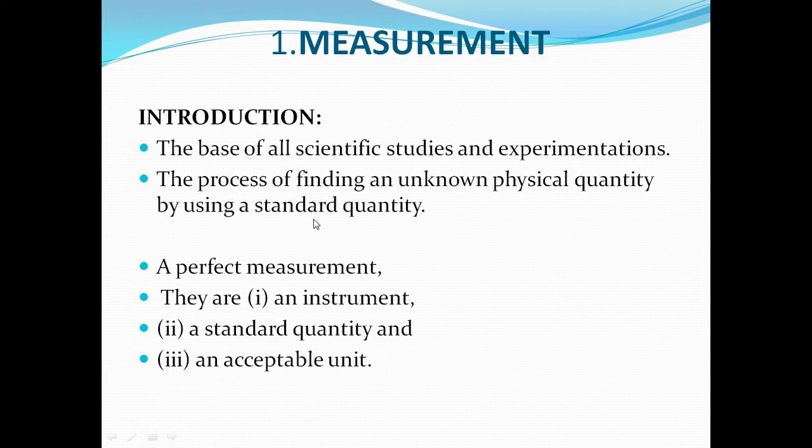The process of finding an unknown quantity using a standard quantity is measurement. So, the process of finding an unknown physical quantity using a standard quantity. The unknown quantity means anything that is unknown.